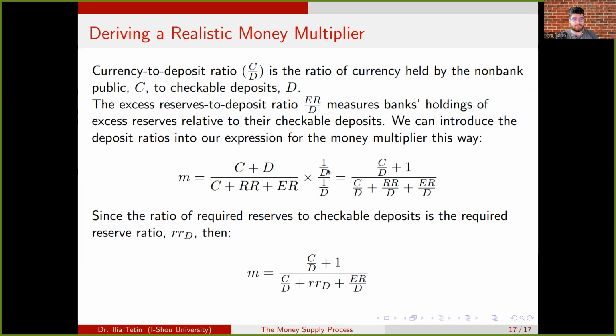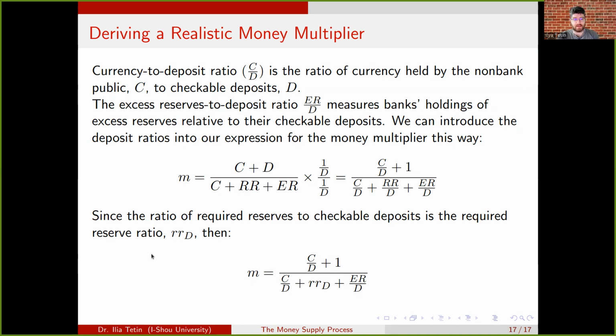But this 1 over D comes in the numerator, and 1 over D comes in the denominator. So recall that the ratio of required reserves to checkable deposits is the required reserve ratio, RR over D, this is RRD. And we can see this final expression for the money multiplier.